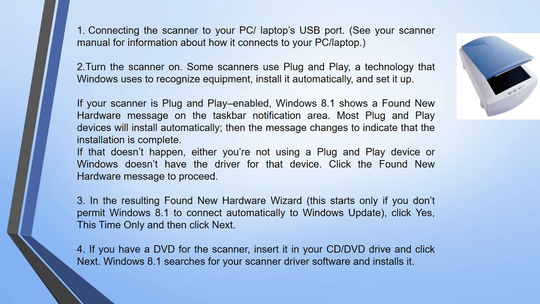Firstly, when you purchase the scanner, along with the scanner it gives you one user manual guide. By reading that user manual guide, you know how to install the scanner. Along with it, there is one driver disk, which may be a CD or DVD.